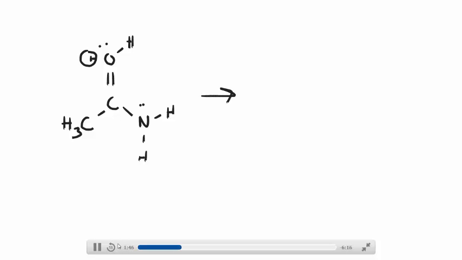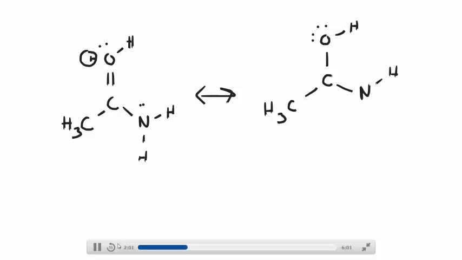Alright, so there are resonance structures for this species. Oxygen can take those electrons in the double bond and take them to itself, making the carbonyl carbon positive. If that is positive, the nitrogen can also act as an electron pair donor to that carbon.